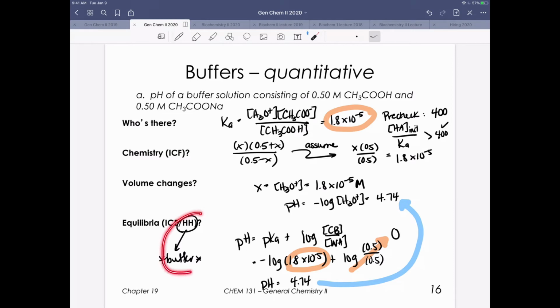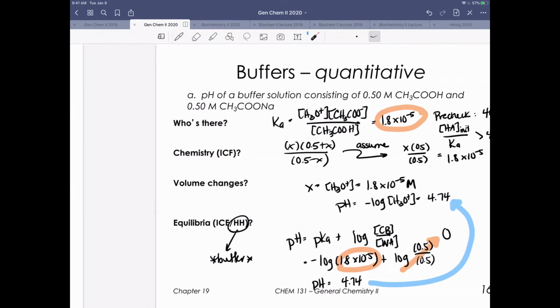If we know we've got a buffer solution, we can use the Henderson-Hasselbalch equation. So the Henderson-Hasselbalch equation will give us pH when we put in the pKa value, which again is just the negative log of Ka, plus the log of our conjugate base concentration over our weak acid concentration.